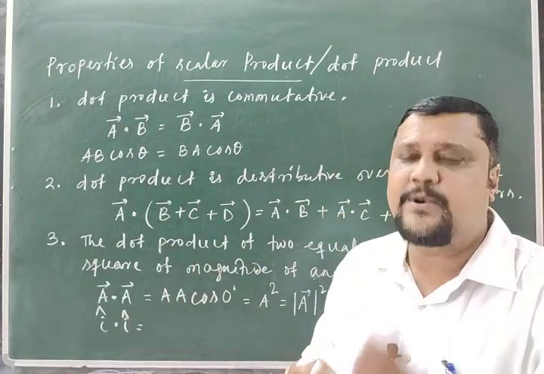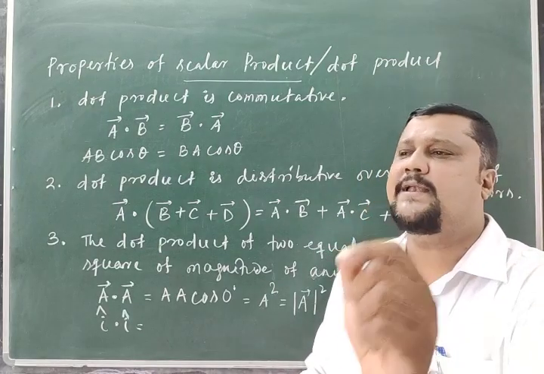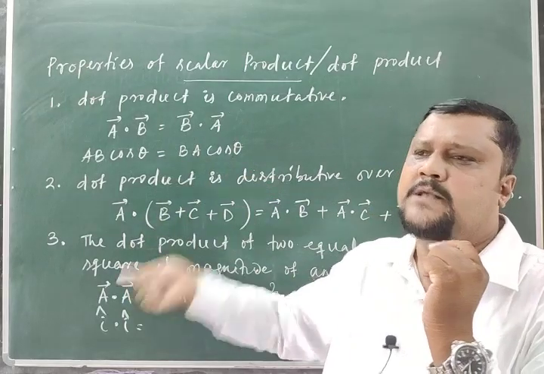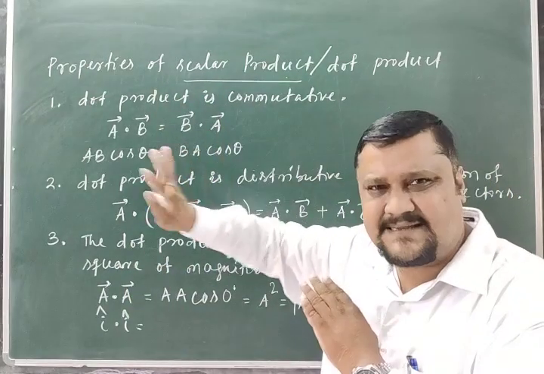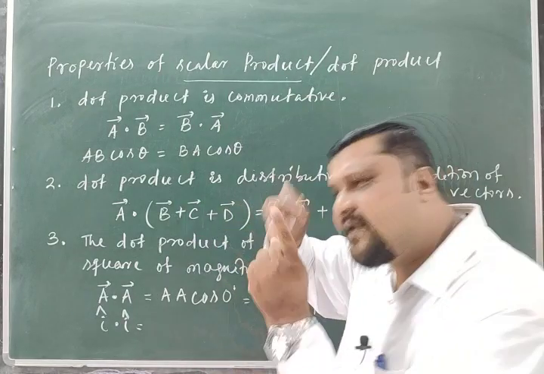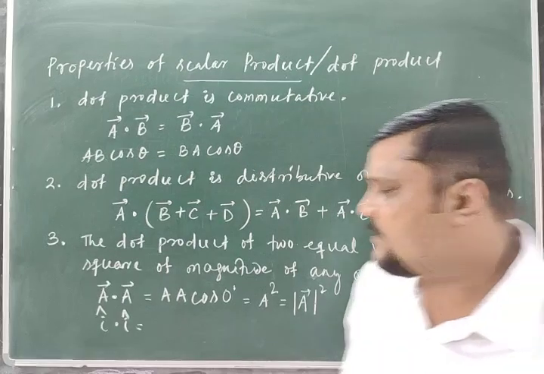What is a unit vector? A vector whose magnitude is one unit, and it is along the direction of the given vector. So i cap is a unit vector along the x-axis with unit magnitude.